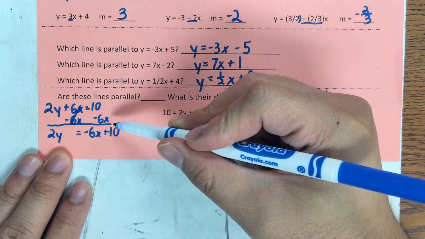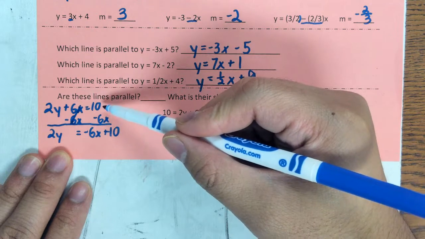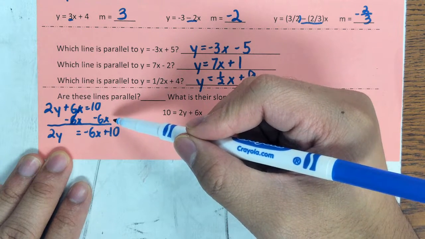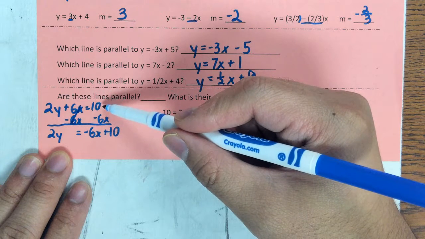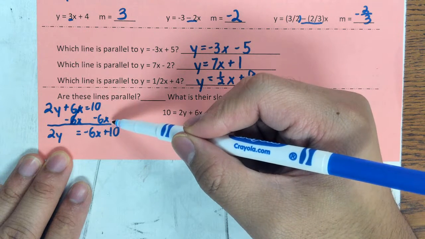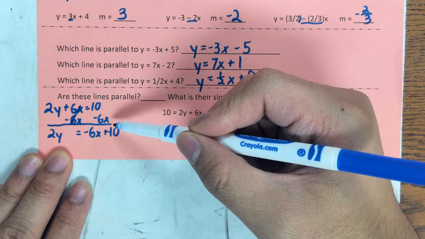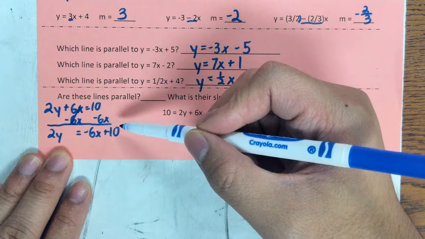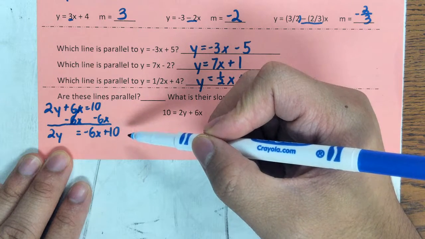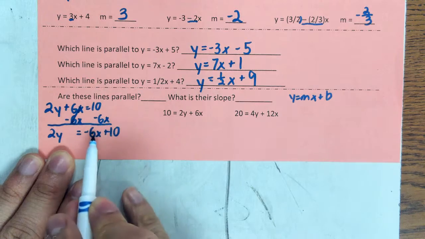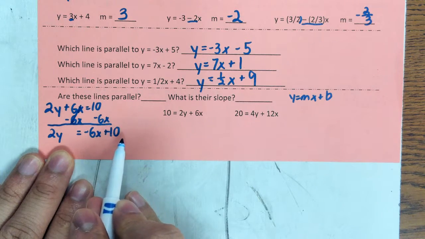The reason I want to stress that x is this 10 and this x are not like terms. Over here does not have an x. Over here it does have an x. So one has x, one does not. We cannot combine them. So I don't want to see 10 minus 6 equals 4. It doesn't work that way. Keep the x term and the constant, the number, separate.